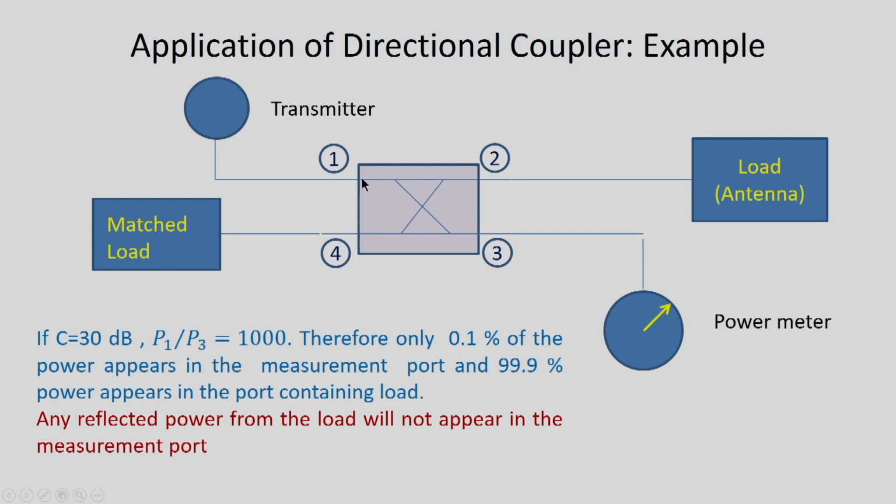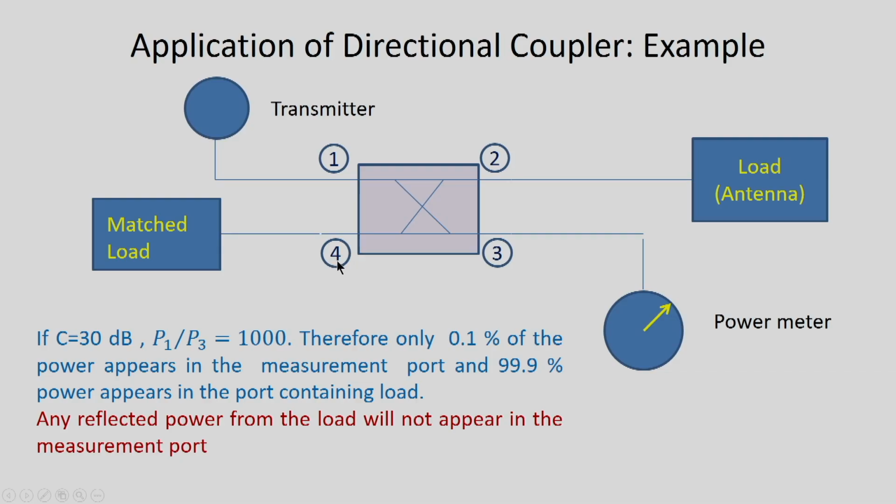This reflected power will get divided between port 1 and 4, and in port 1 it may be absorbed by the impedance of the transmitter, and whatever power goes into port 4 gets dissipated in the matched load connected here. So, this is how we can use a directional coupler in monitoring of power.